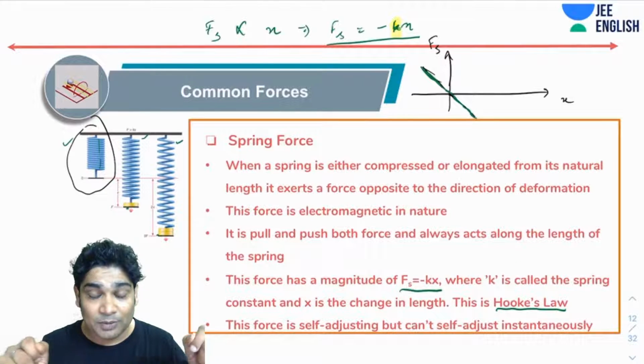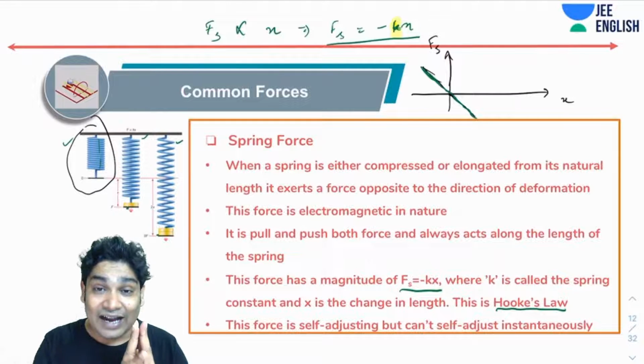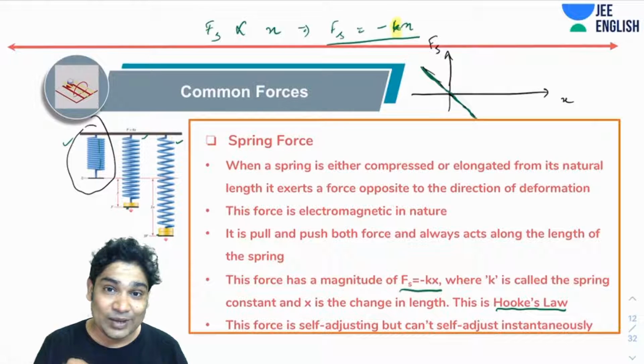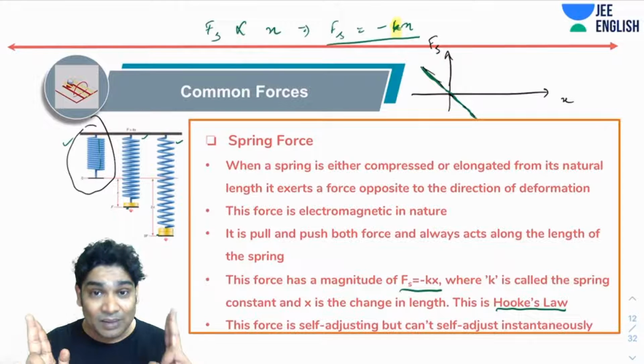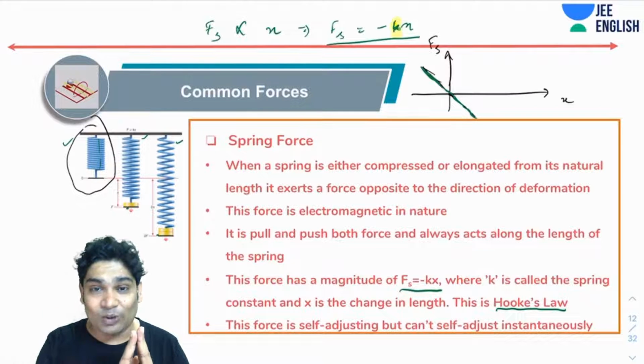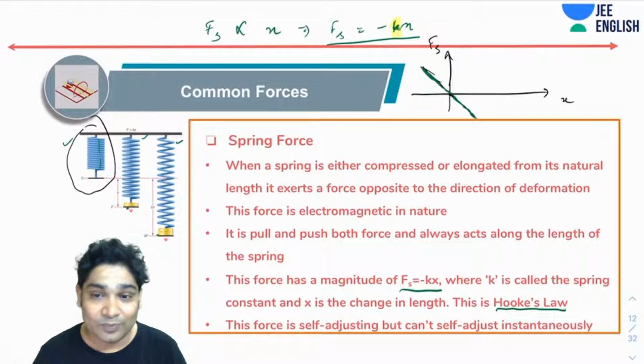There is no problem. You can elongate it as much as you want. Similarly, theoretically, you can make the length of an ideal spring 0 also. If the spring has a natural length of L0, the maximum compression allowed would be L0 only, theoretically. For ideal springs, their length can become 0 also.